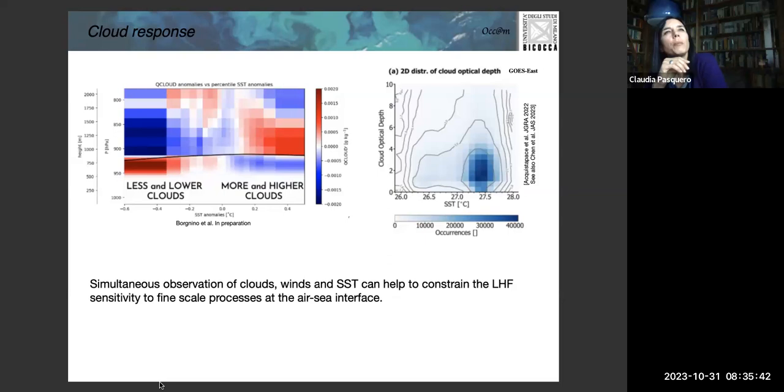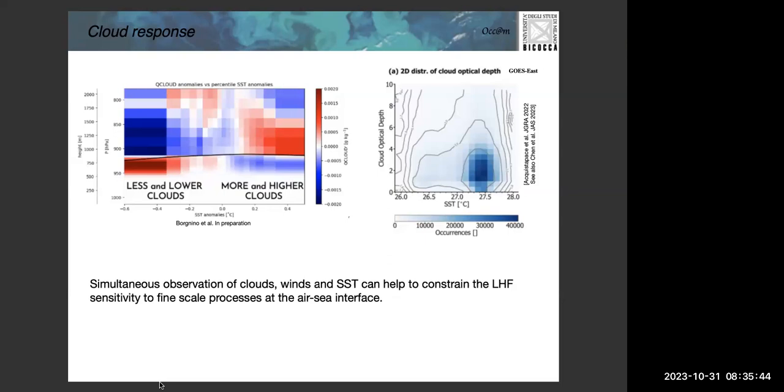About the stability. Sorry, just while we're on this slide still, part of this question is the clouds on the right seem to be associated with a certain temperature, not a certain temperature difference across a gradient or something. Oh, yes, absolutely.